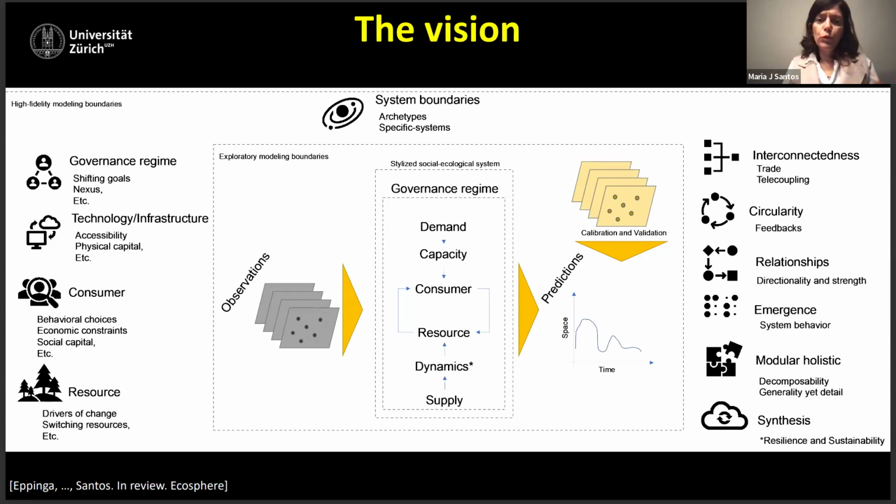Then as we move from this stylized system to more high fidelity modeling, where we include more context dependency, we start to be able to answer lots of questions that relate to social ecological system understanding. So with that, next slide, please.